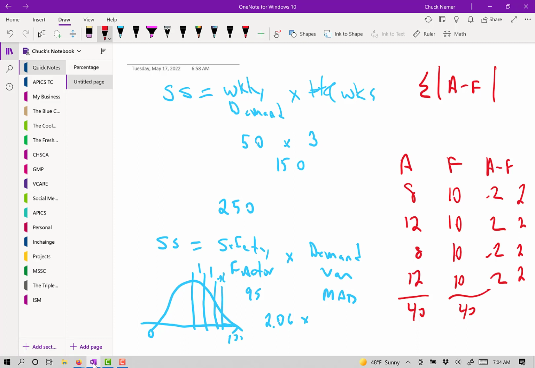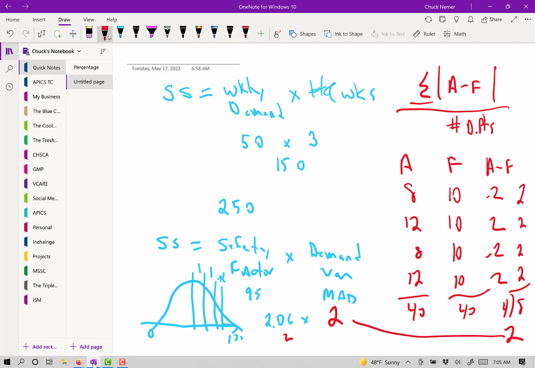So A minus F, take the absolute value, sum them up, 8, divided by the number of data points, which in our case is 4, and the average is 2. So we would take 2 times 2.06. Let me just make sure here.